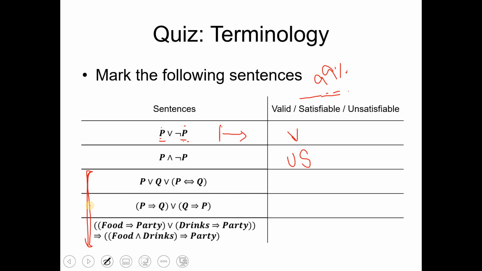Remember, in this example below, there are some symbols given. Now this is a bad example. Symbols are normally only capital letters, but it's possible. It's not something forbidden. Still you can use these variables. So let's say you have the symbols food, party, drinks.